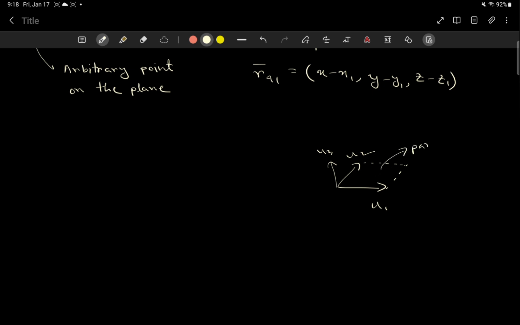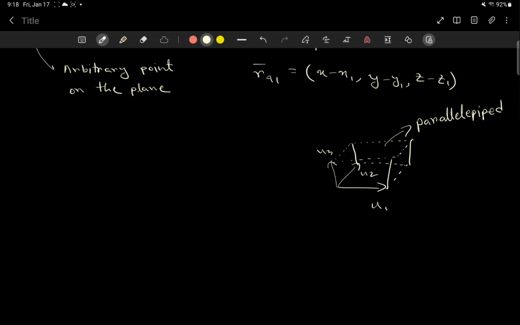This is a parallelogram, but as we have added another vector, this will be a three-dimensional construction, which is kind of like a parallelogram, but not exactly. It is a parallelepiped. Of course this doesn't mean that u3 will be perpendicular to u1 and u2. No, this can be a bit skewed.